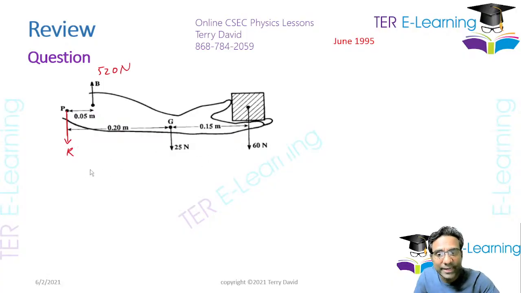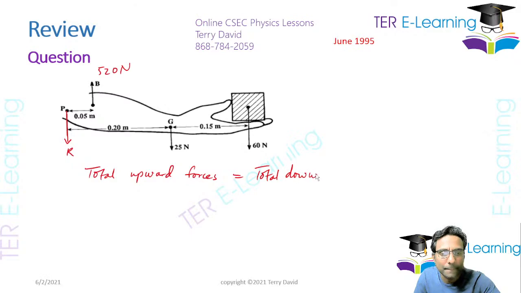Just like the question before, total upward forces equal total downward forces. My total upward force in this case is only B, which is 520 newtons.